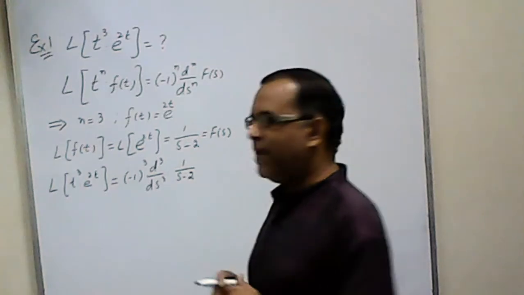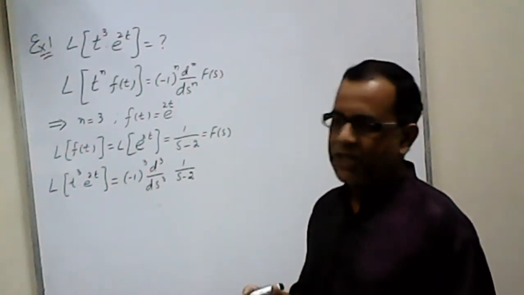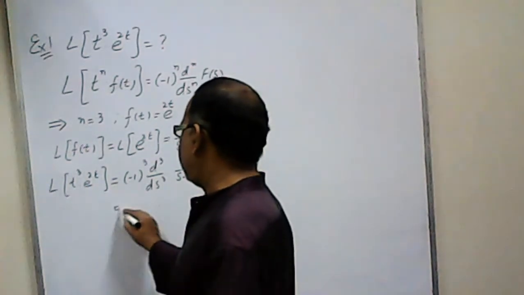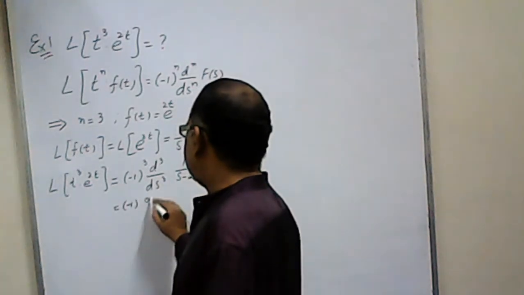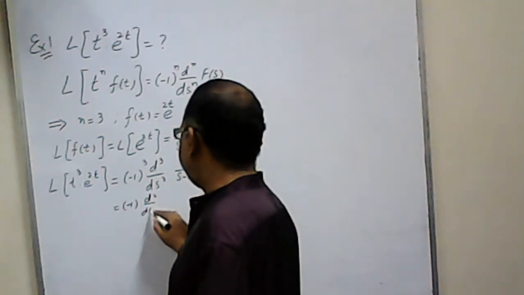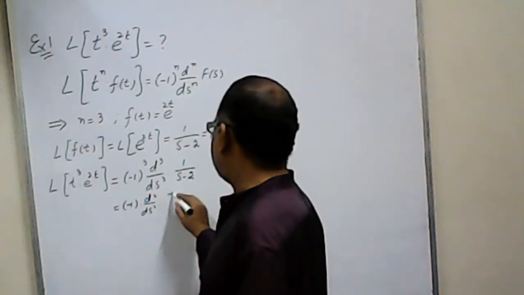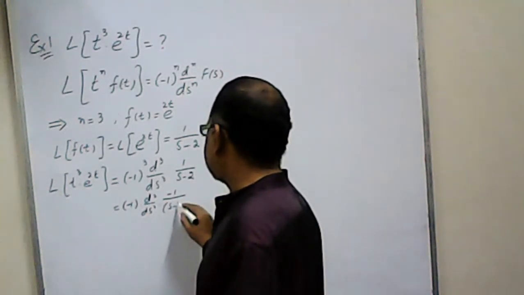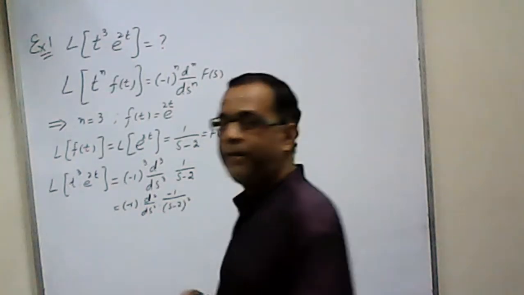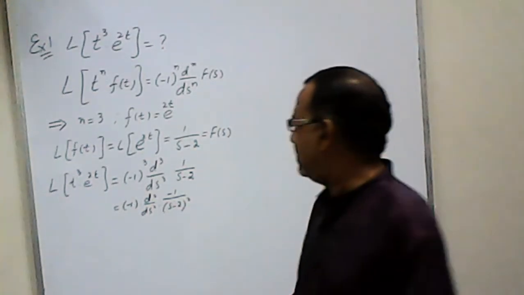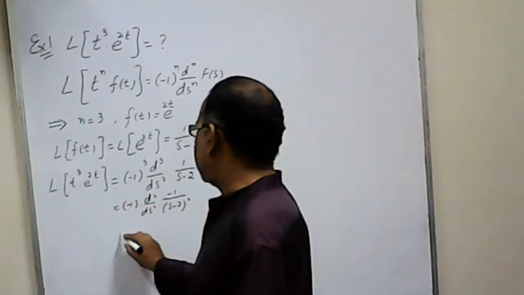Now what is needed? Just to simplify the right hand side as much as you can. So minus 1 cube is minus 1. If I apply the first derivative with respect to s, this will be equal to minus 1 upon s minus 2 whole square. Then minus 1 into minus 1 plus 1.